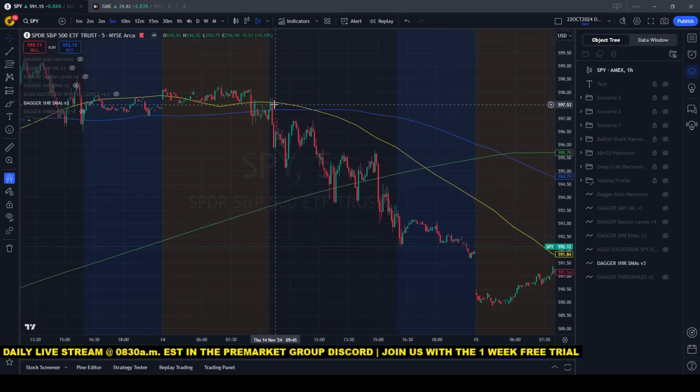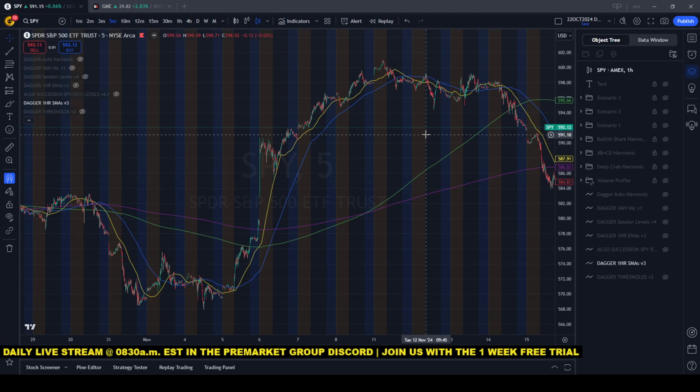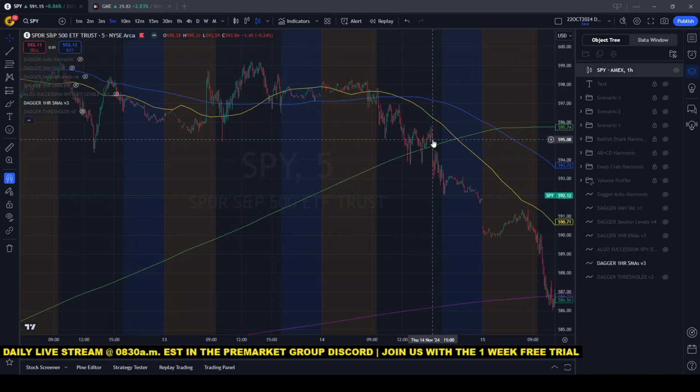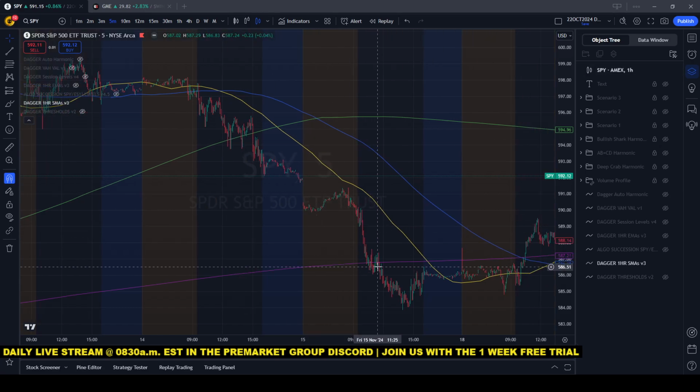You reject off the 8 SMA for SPY. And you look at the chart and you say, okay, so what do I have below me? What is this signaling? If I don't reclaim these continuation SMAs in this bullish trend, what is at risk? Well, number one is this green 113 SMA. Number two is the 200 SMA. We ended up achieving both. We even got the gap down that essentially brought us to that 200 SMA.